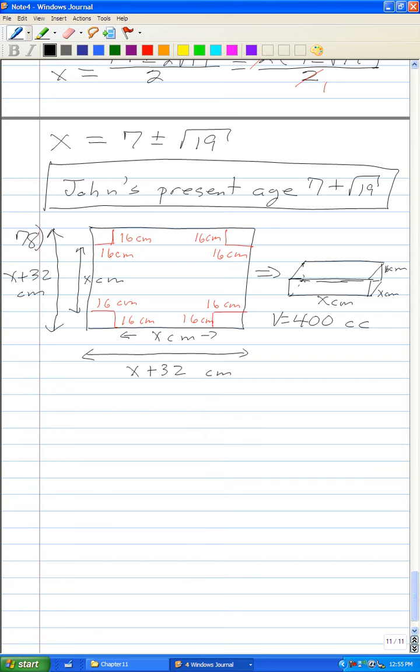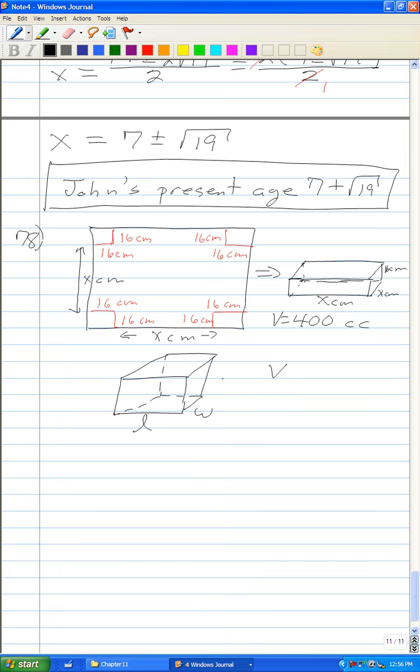Not that it's really necessary. We just know that, but I'm not going to use it, so I won't write it in. So first off, note that the volume of a rectangular parallelepiped is length times width times height.